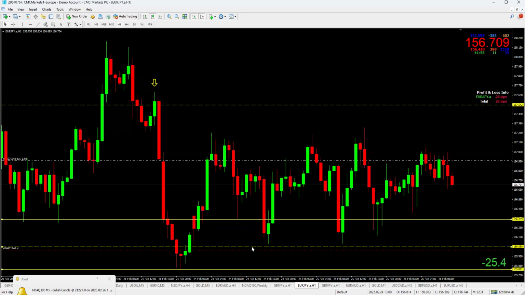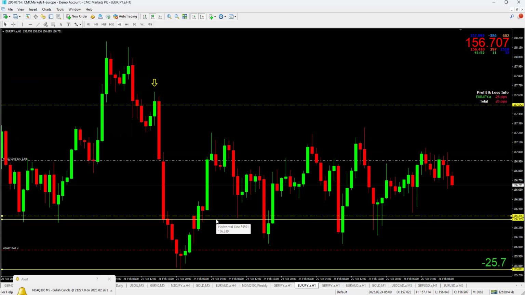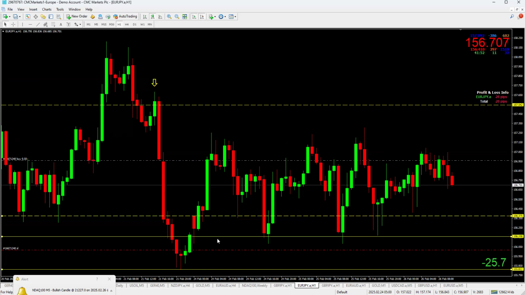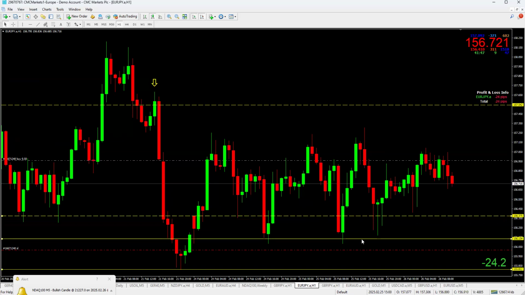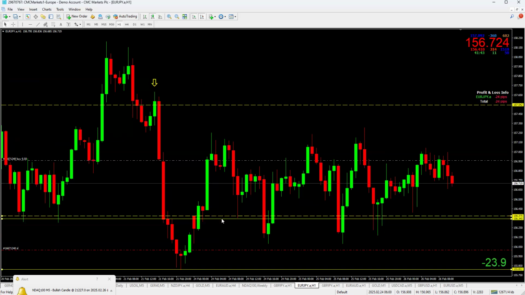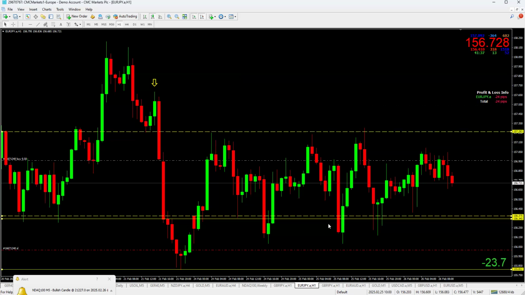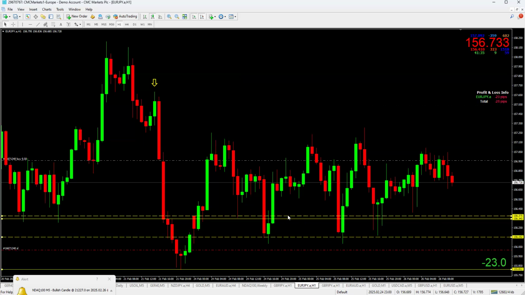The best place to have entered, I would say, would have been anywhere here. If we use this as the strong man, obviously it retested a couple of times, but going with that, the best place to have entered would have been anywhere in here or even inside the range.